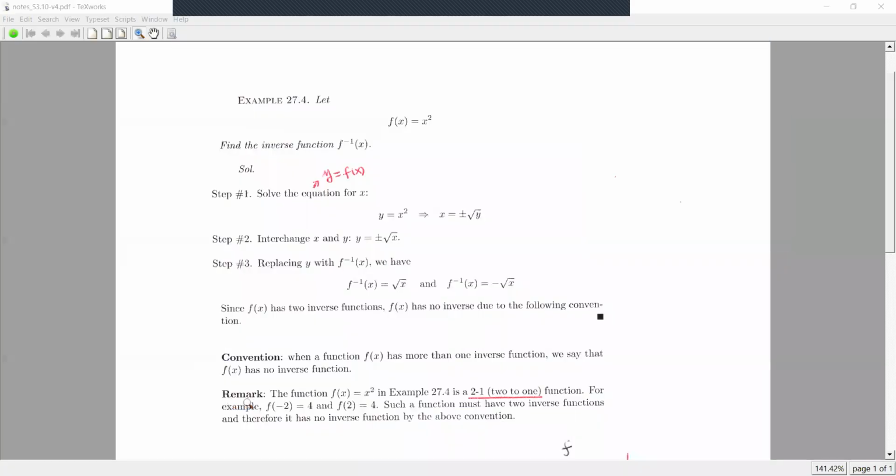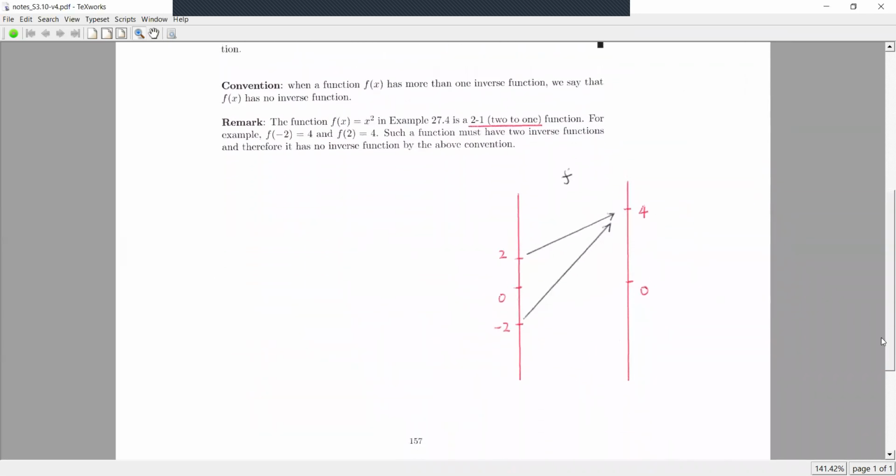Here is a remark about this example. The function in the example is a 2-to-1 function. For example, the function takes the point -2 to 4 and also takes the point 2 to 4.